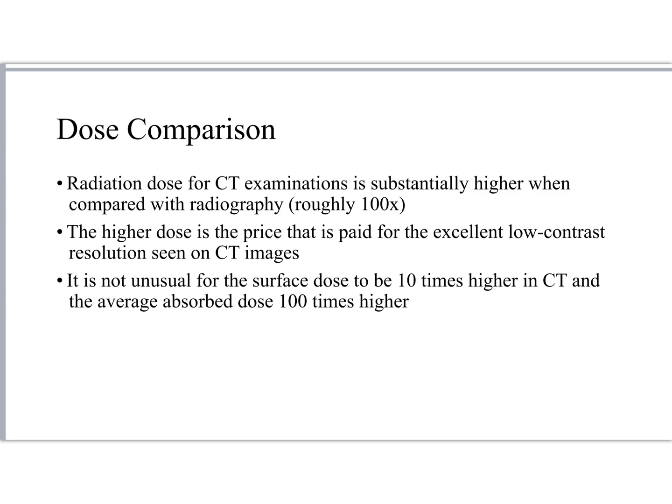So in terms of comparing dose in CT, this is very, very difficult to do. And it boils down to this. When it comes down to having really, really good low contrast resolution, the cost of that is fairly high radiation dose exposure to the patient. Well, just how high are we talking?